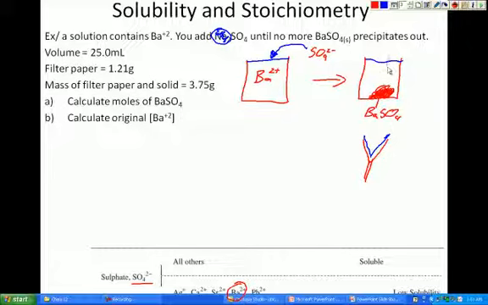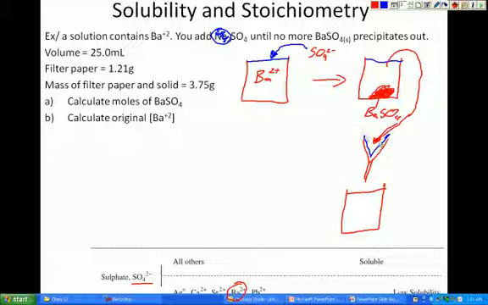We then take this and we put it through here, and then out comes a solution that has just water in here, and all the barium sulfate is left in this paper.